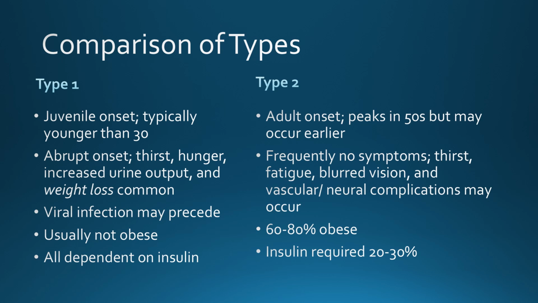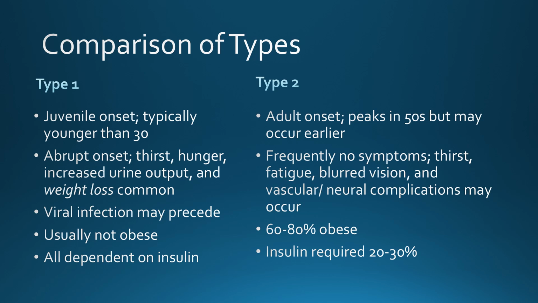Commonly, these individuals will present with things like thirst, hunger, increased urine output, and weight loss is also common. And we'll talk about these symptoms and why these symptoms develop here shortly. But these are all related directly to high levels of glucose in the blood and then the glucose not being able to get into the cells.